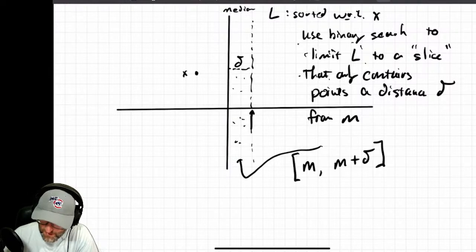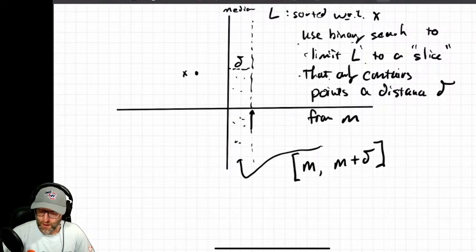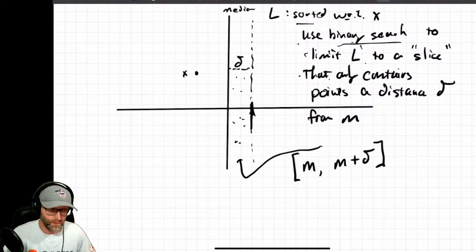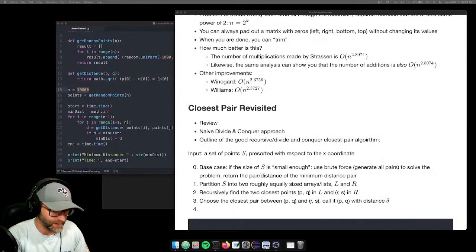That's this slice right here, right? And you can do that really efficiently because L is already sorted, and so you can exploit binary search to find that cutoff point right there. Okay? All right. Back to our notes here.